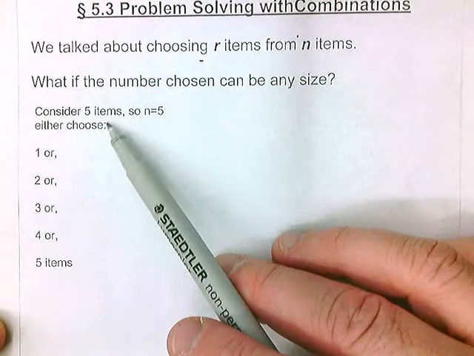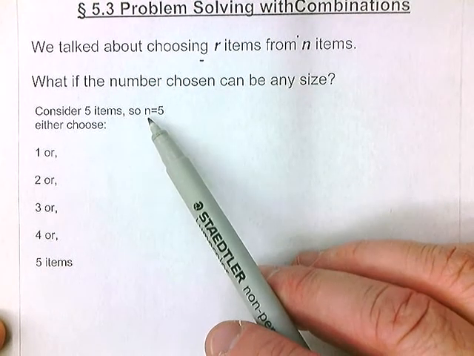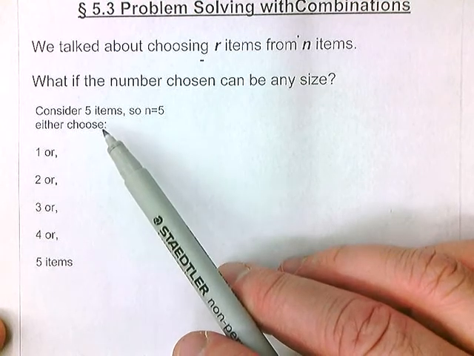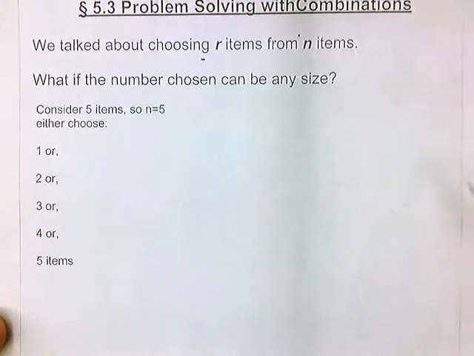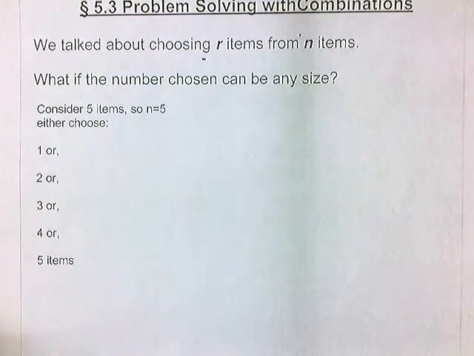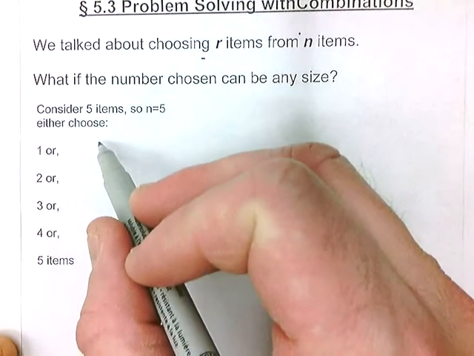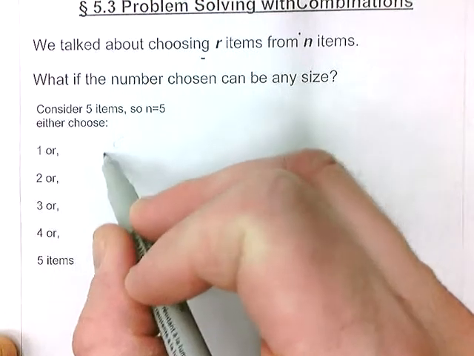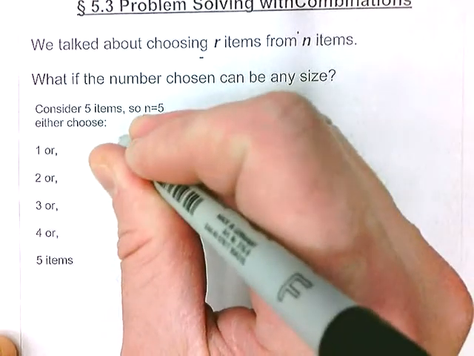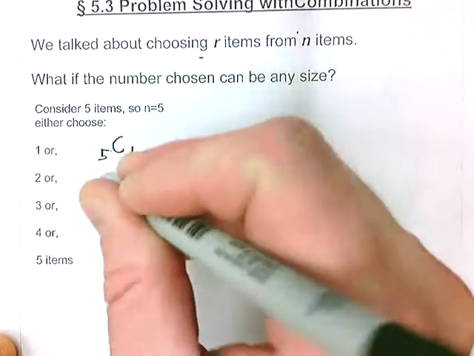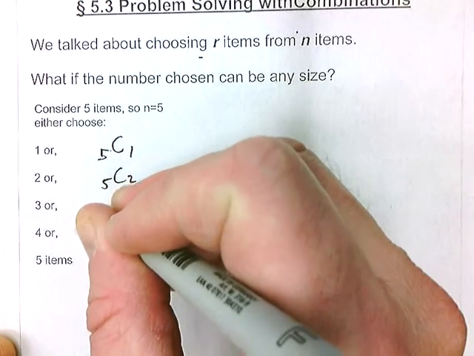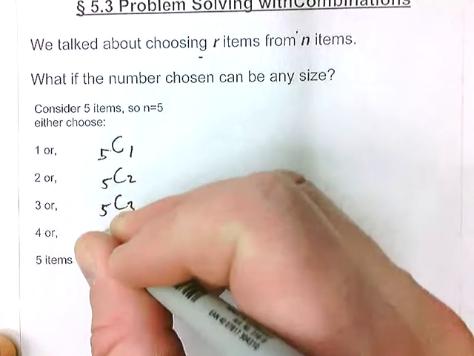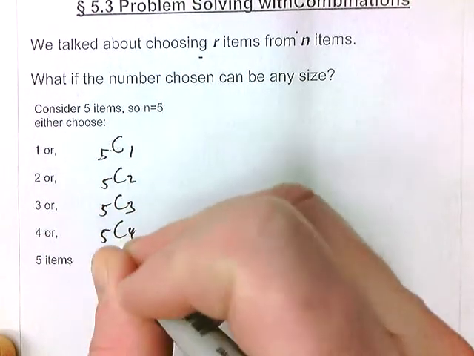Say we were considering 5 items, so that would be N equals 5. And we're going to choose either 1, 2, 3, 4, or 5 of those 5 items. Well, that would simply be 5 choose 1, 5 choose 2, 5 choose 3, 5 choose 4, and 5 choose 5.